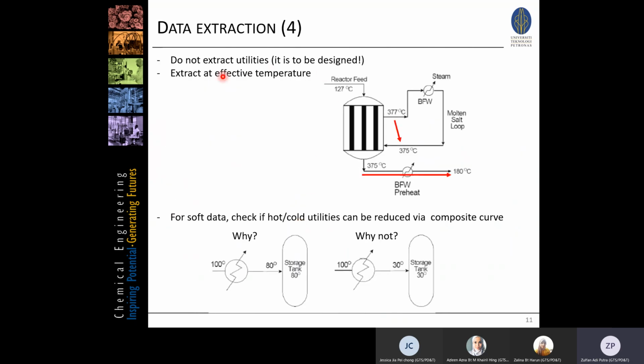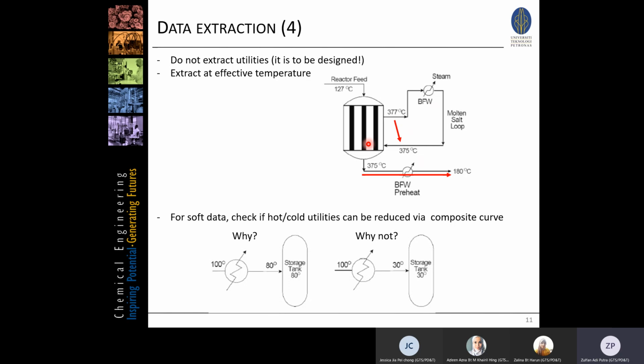That is this one. And then extract effective temperature. It's this exchanger that is being used to produce steam, and it's using this from 377 until 375 degrees C, basically. So for this temperature, we need to consider whether it is really the true temperature or not.